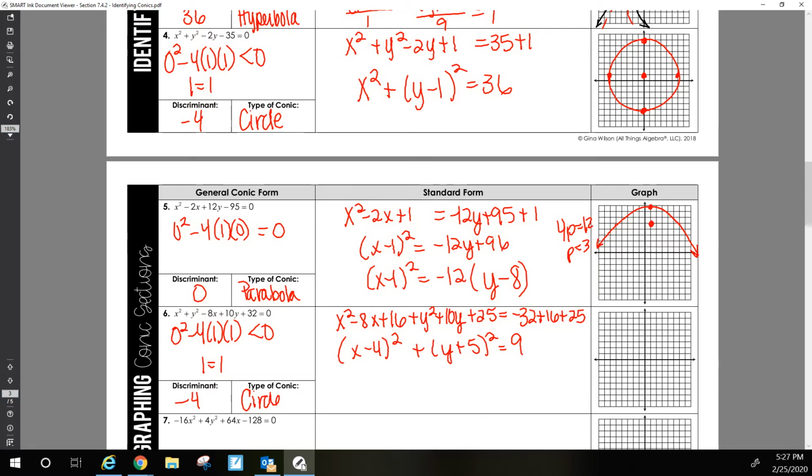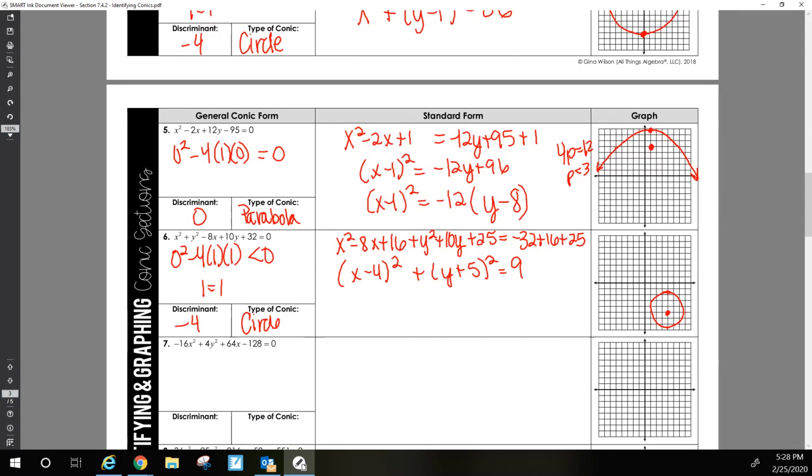All right, our center of our circle is going to be at (4, negative 5), so we're going to go to 4, down to negative 5, just right here. Our radius is going to be the square root of 9, which is 3, so 3, 3, 3, 3. And there is our circle.